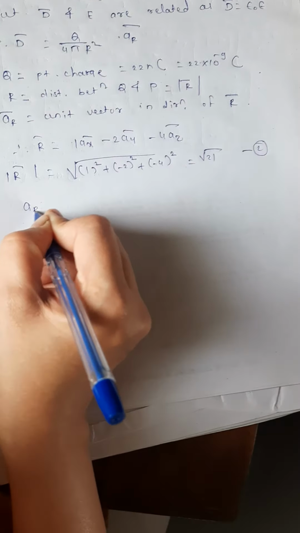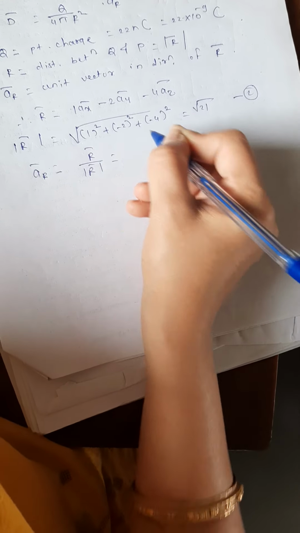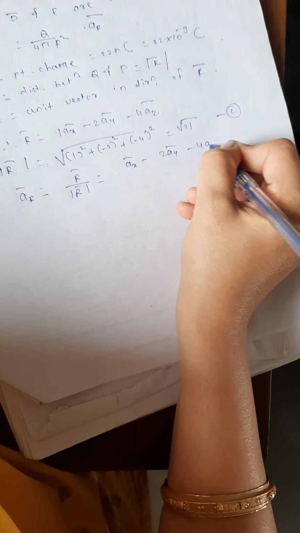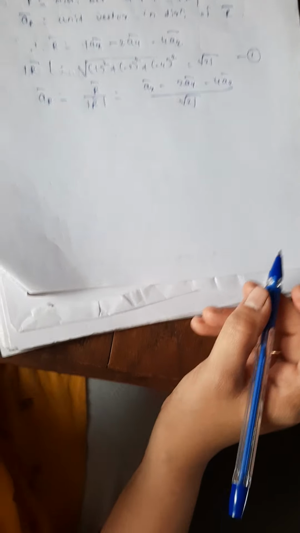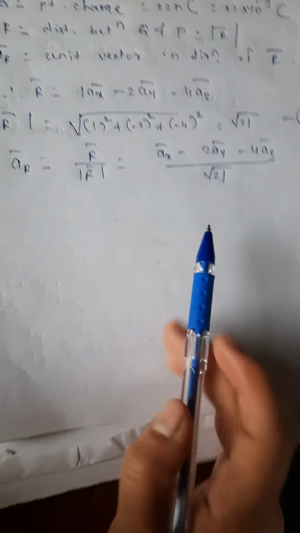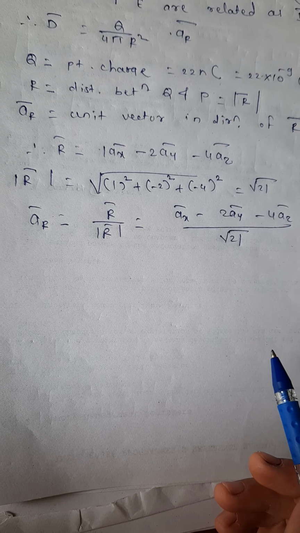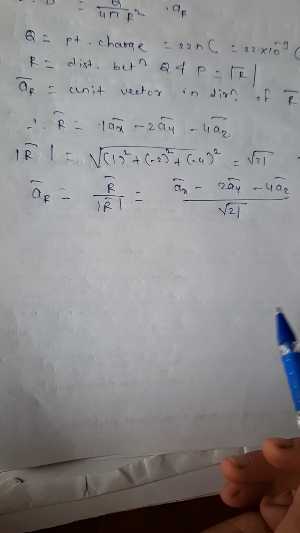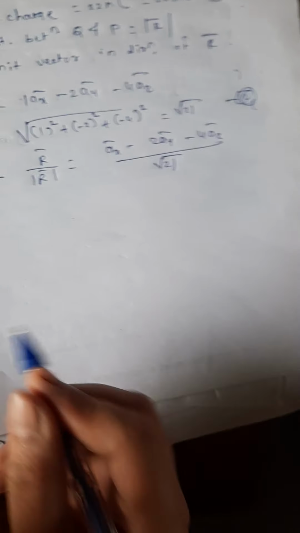Now we have AR bar is equal to R bar by mod of R bar. So it is AX bar minus 2 AY bar minus 4 AZ bar divided by square root of 21. Now we put these values in the equation.